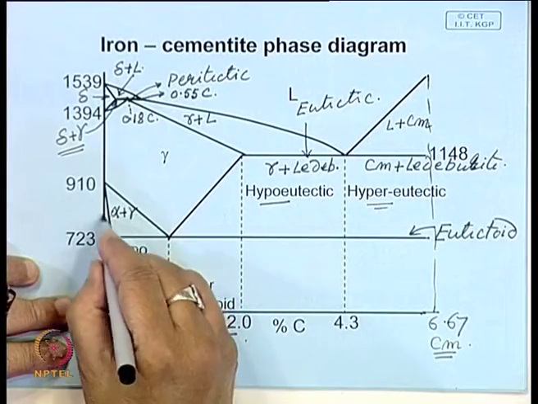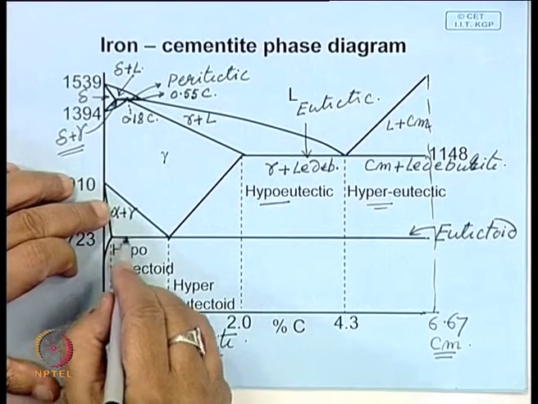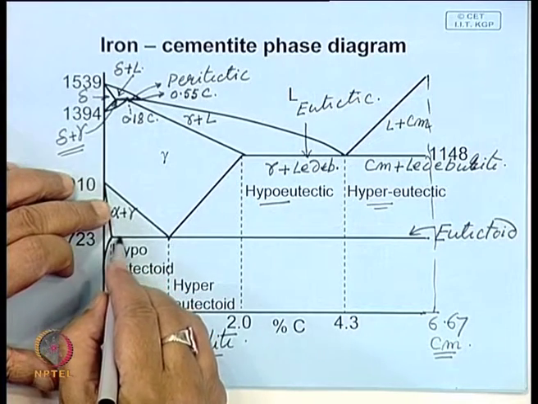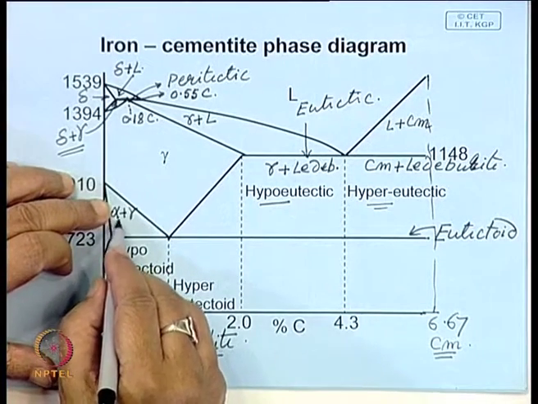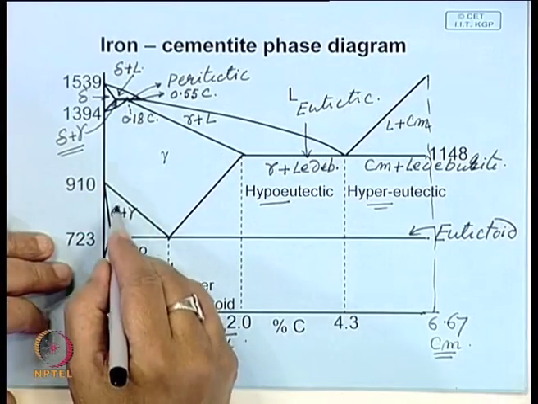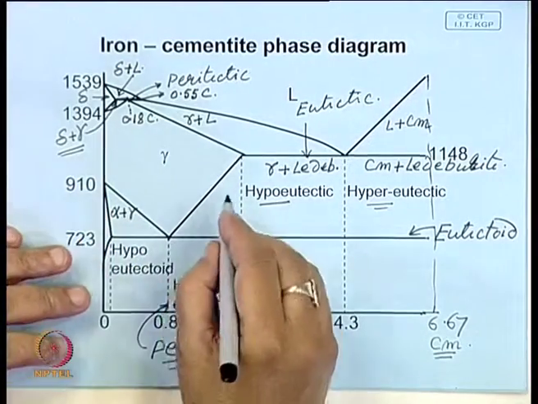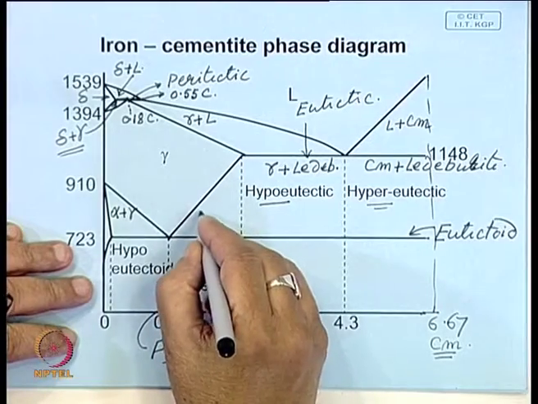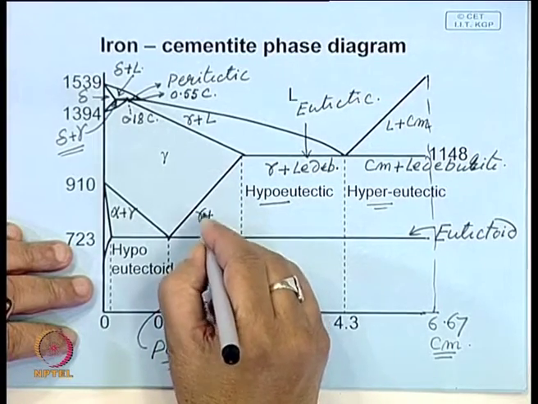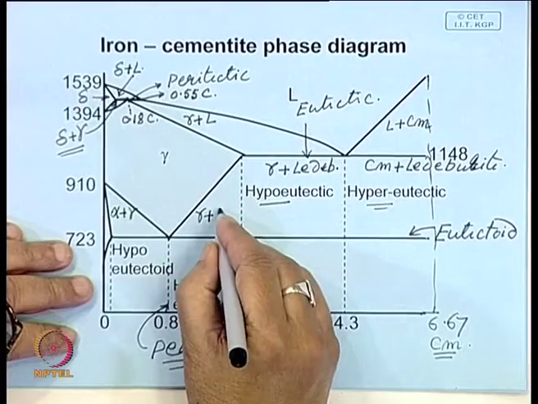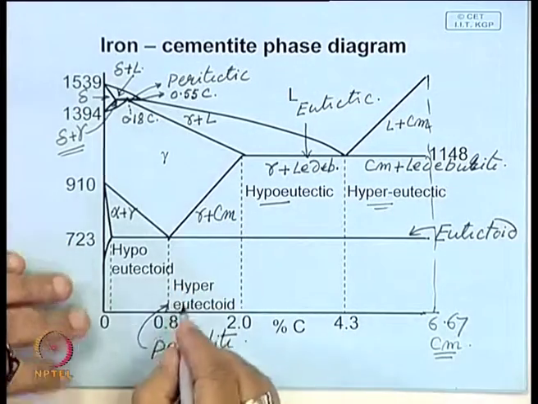So, this alpha, which precipitates out before the eutectoid temperature, is called pro-eutectoid alpha. Similarly, on this side from austenite, as you cool, here you will have cementite.